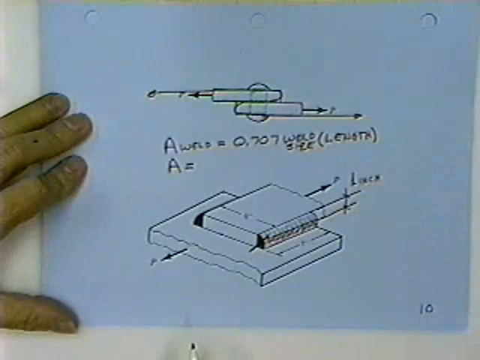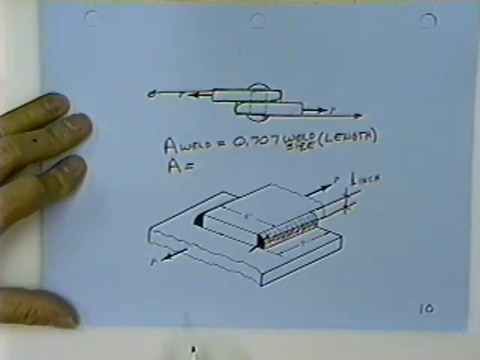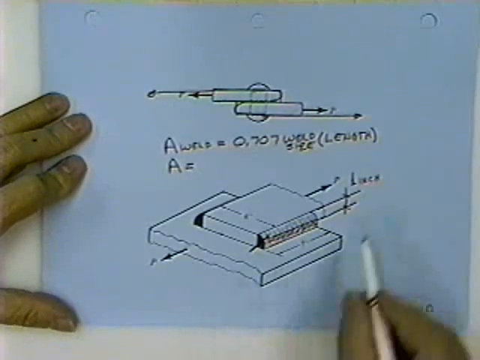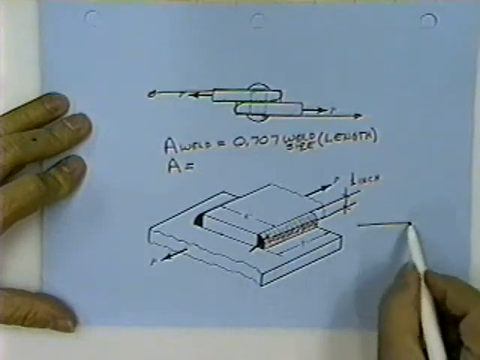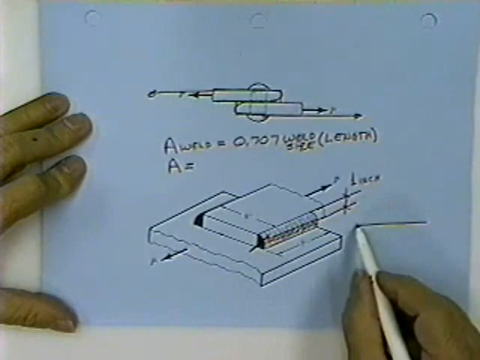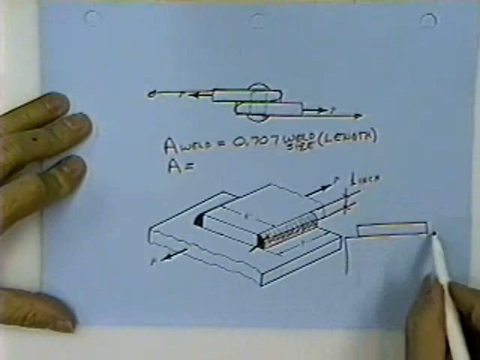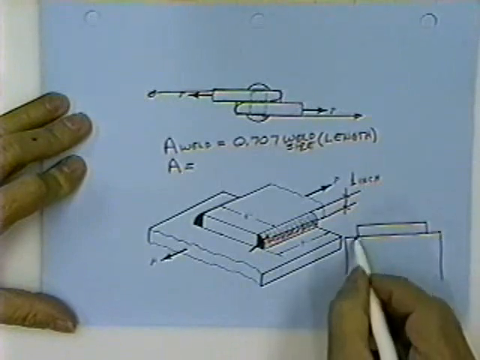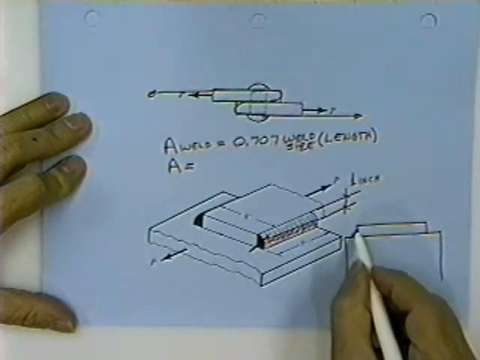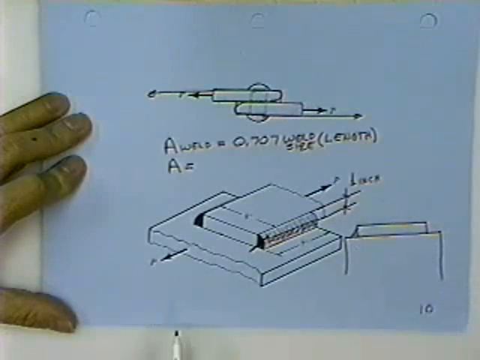Now, this picture is not a real good picture, because whoever drew it drew the weld size the same size as the plate. Most of this information will come up in later discussions, but in the real world, if you have a plate and it's welded to another plate, they will not let you weld all the way up to that corner.